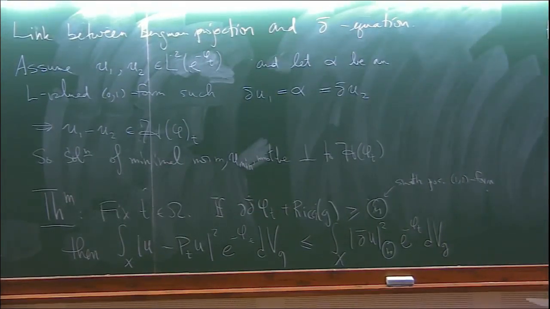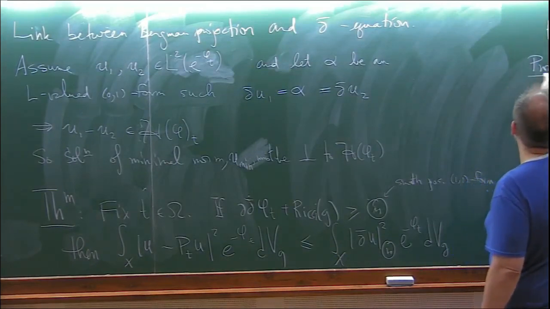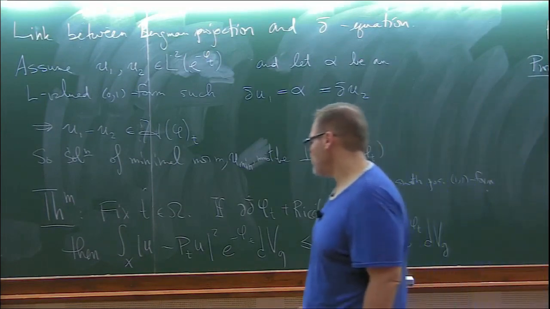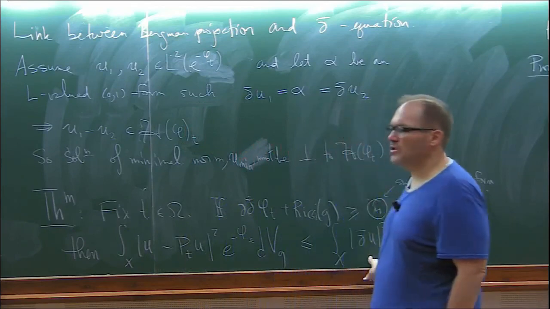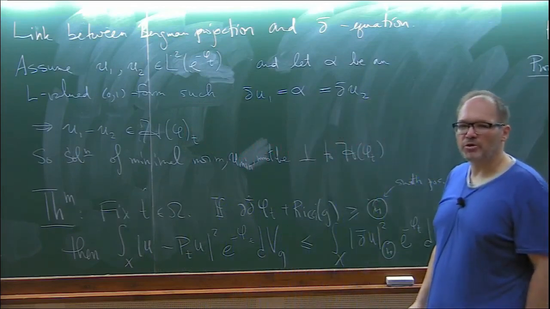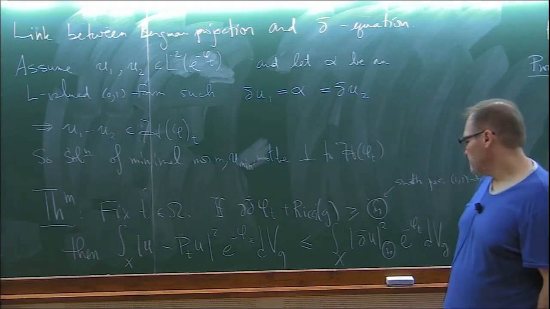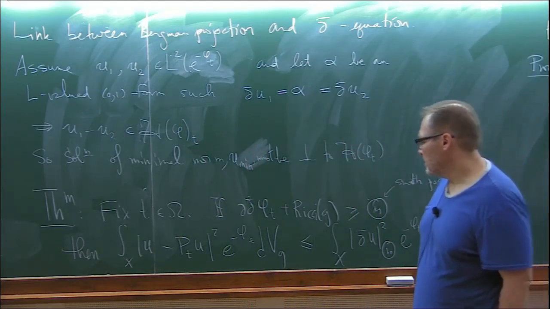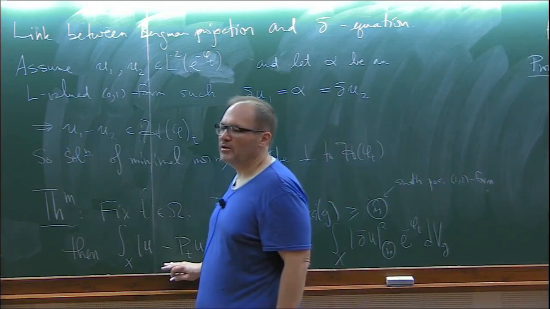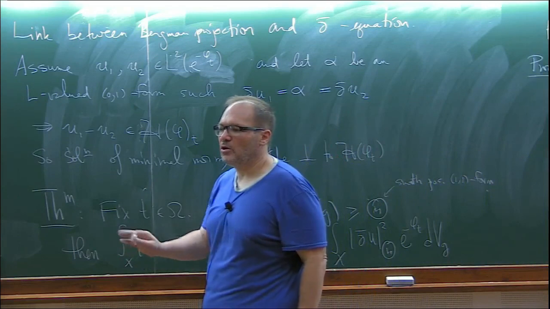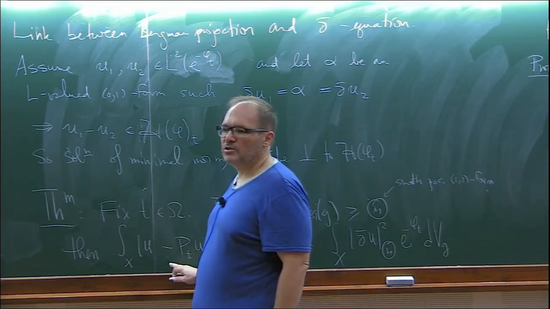Okay, so let me just give a quick proof. Suppose you take some u. u automatically solves the equation d-bar u equals d-bar u. Right? But then if I remove the holomorphic part, so if I project away the holomorphic part of u, then the solution I have is actually the solution of minimal norm.